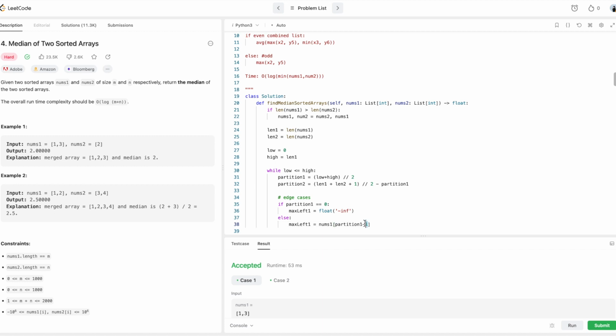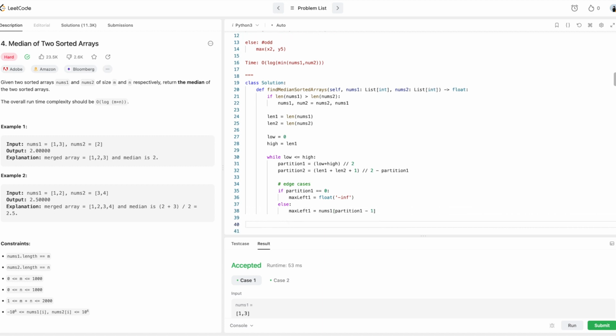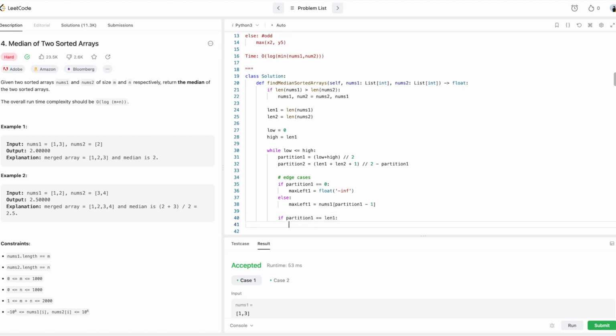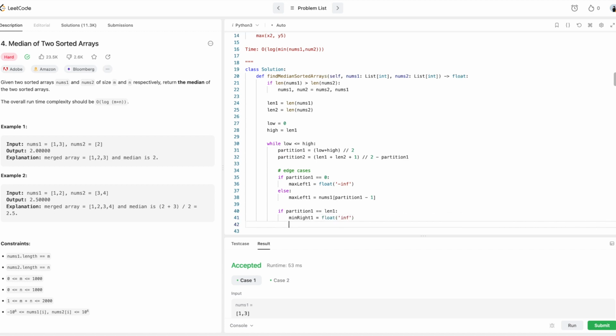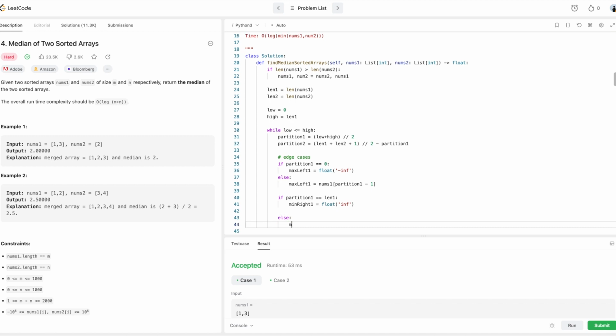We do minus 1 because we're working with 0 index. We start on index 0, so we have to minus 1 from it. And then we check if partition 1 is at its max length 1, then min right 1 equals float positive infinity, else min right 1 would equal nums1 partition 1.